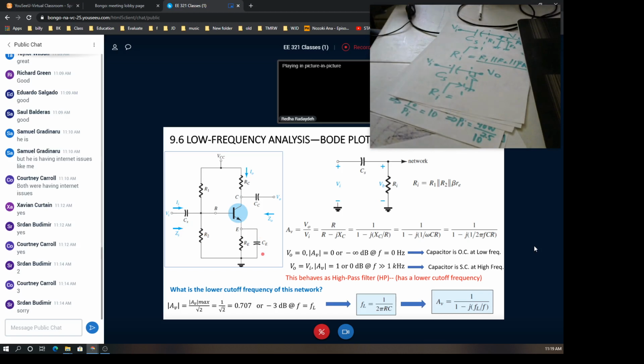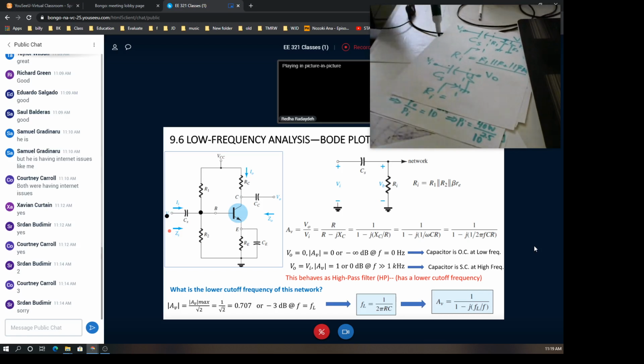Second, we consider the effect of this capacitor; these two will be short circuit. Third, we consider the effect of this capacitor; these two will be short circuit. And every time we are concerned about studying how the output voltage at the output of the capacitor would change by changing the input frequency at the input of the capacitor.